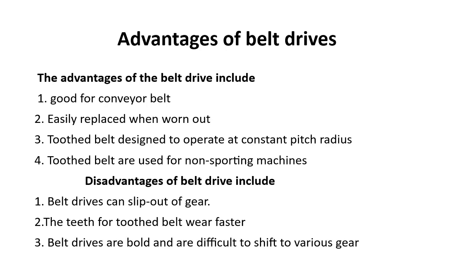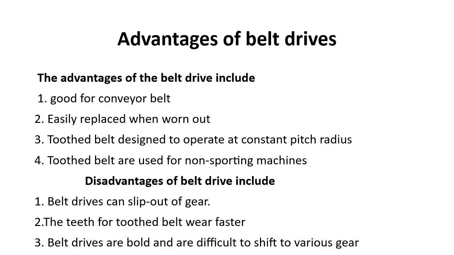Having seen the advantages of belt drives, let's look at the disadvantages of belt drive. Disadvantages of belt drive include 1. Belt drives can slip out of gear. We now see that the belt drive, looking from where it is being hooked at the pulleys, has a wider width, and the wider it is, the easier it is for it to grip.